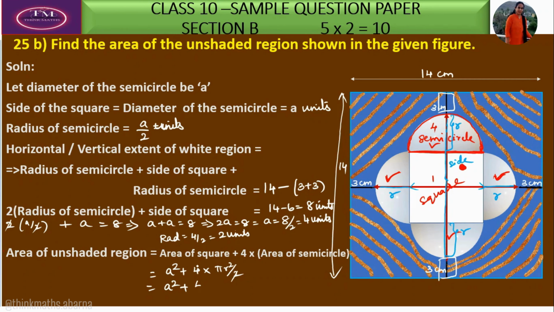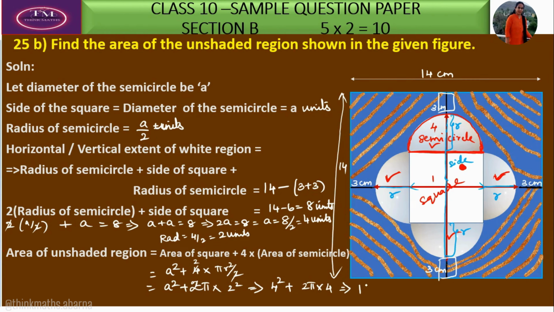1 2s are 2 and 2 2s are 4, so it is 2 pi. What is the radius? The radius is 2 units, so it is 2 square. And A is 4 units, so we can write 4 square instead of A. So 4 square plus 2 pi into 2 square is 4.